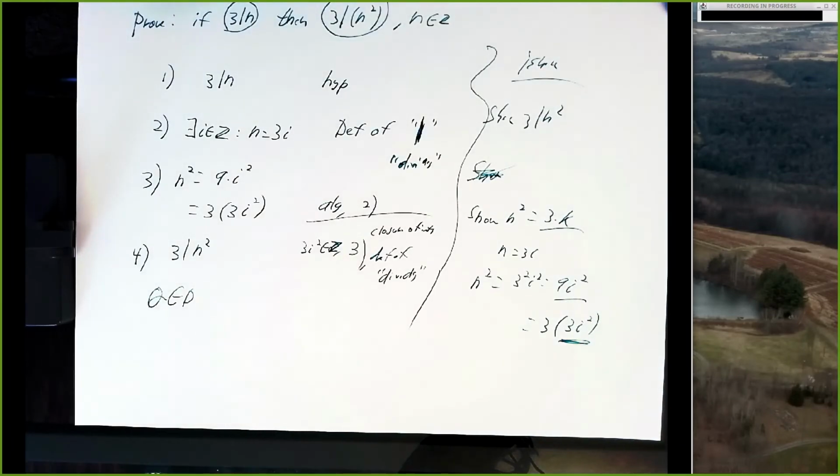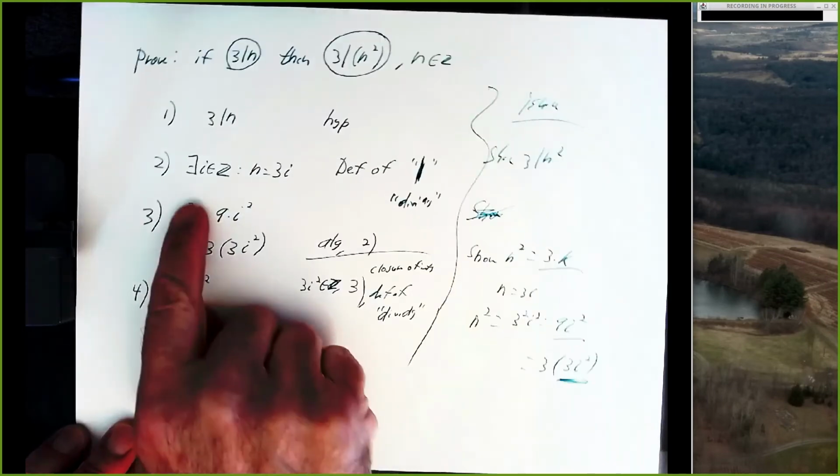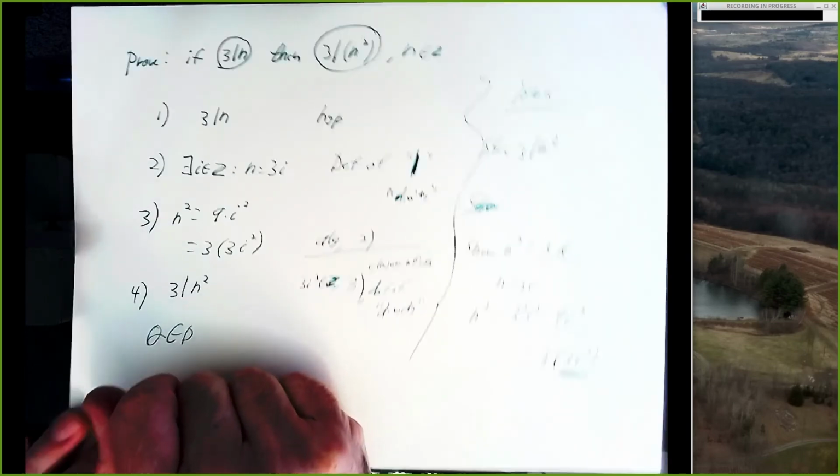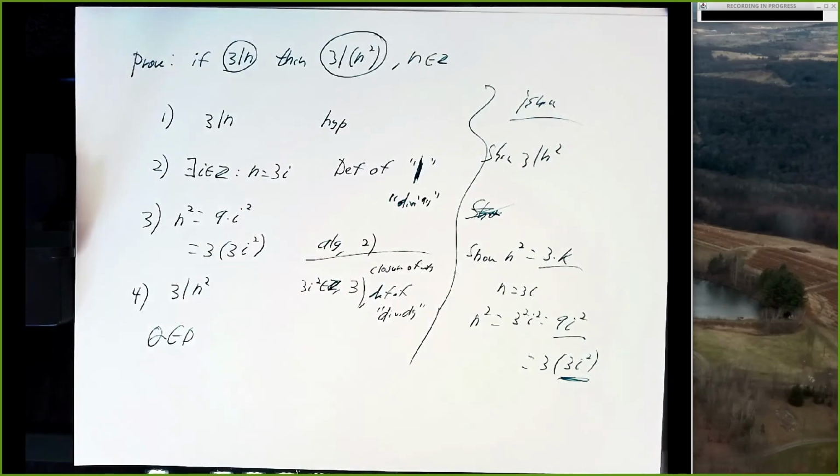Okay, and so number 2 is for all of i, right? This says there exists an i such that n is equal to 3 times i. Okay, thank you. Yeah.